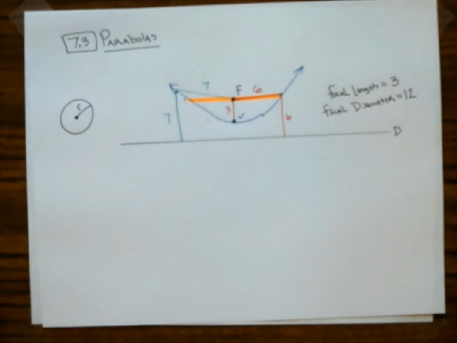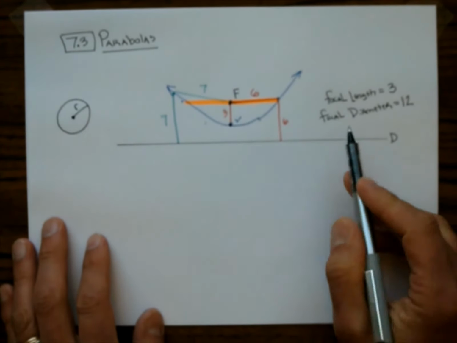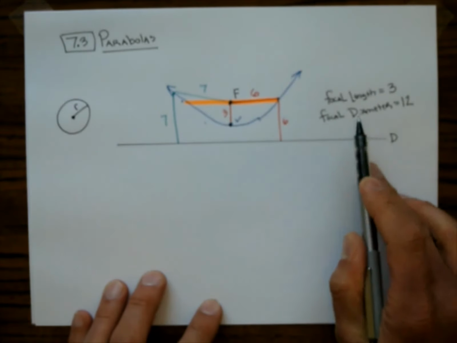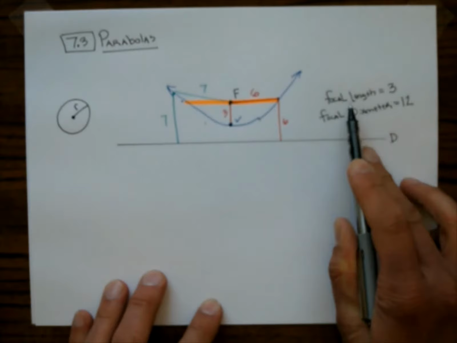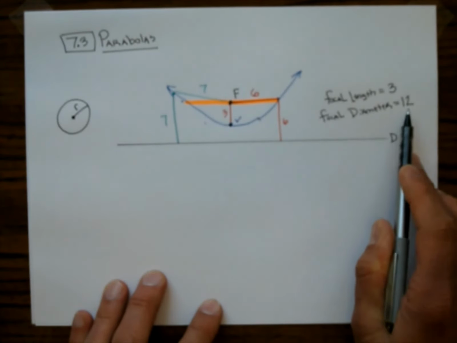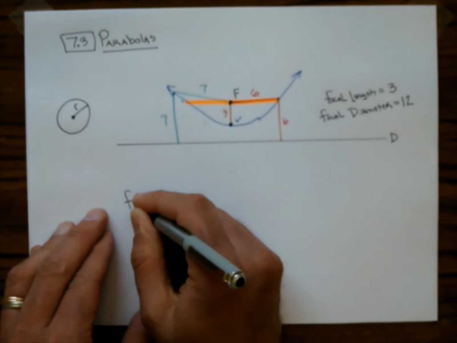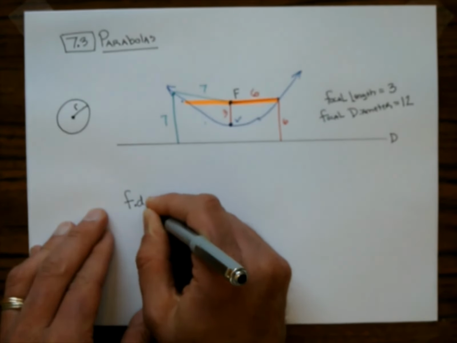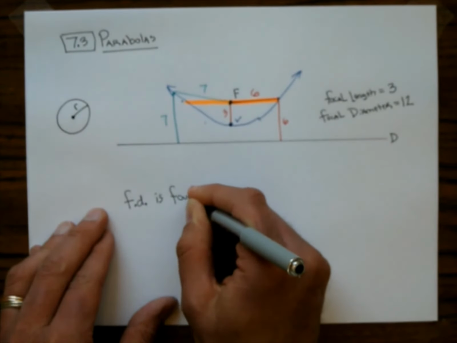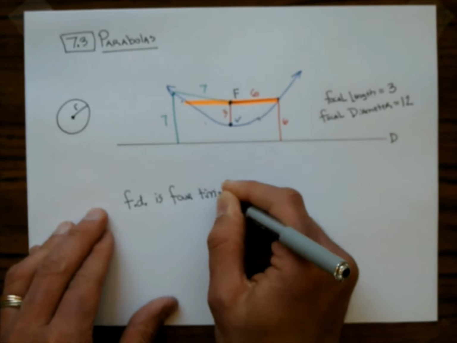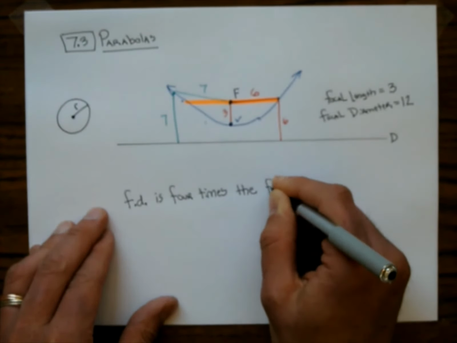Let's go ahead and ask the question, is there a relationship between the focal diameter and the focal length? Well, in this case it looks like 4 times the focal length is the focal diameter, and in fact we can always say that. So we can say that the focal diameter is 4 times the focal length.